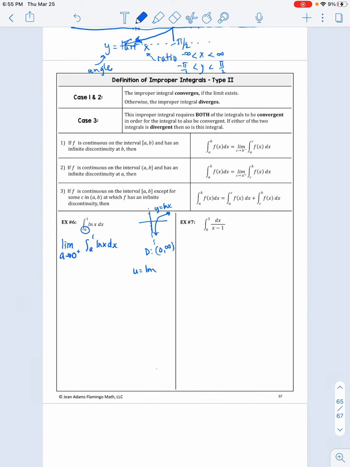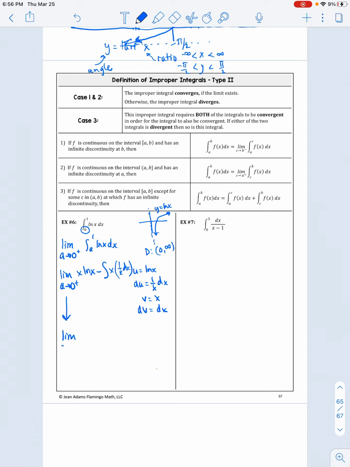And anytime we have ln x in an integral, we've got to use integration by parts, and we make our u ln x. Our du is going to be 1 over x dx. Our dv is going to just be dx, so our v is x. So when we solve it, we're going to get u times v, which is going to be our x ln x, minus the integral of v du. So x times 1 over x dx.